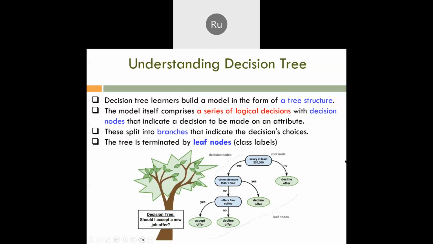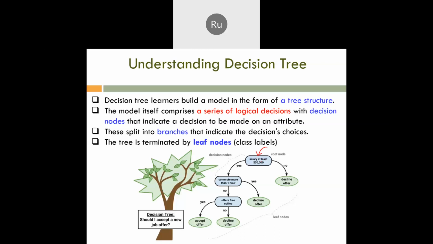Okay, if you look at the diagram on your screen, this is a basic example of the decision whether we want to accept the offer or not. So this is to classify whether we want to accept the new offer. If you look at the tree, it starts with the root. This is your main root.